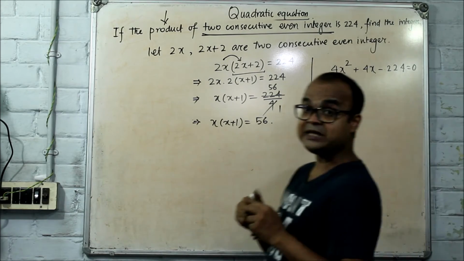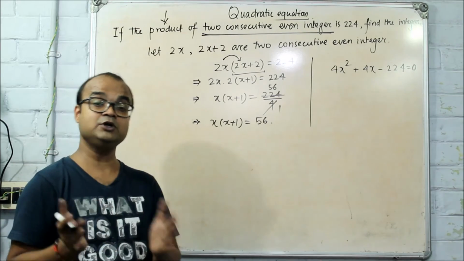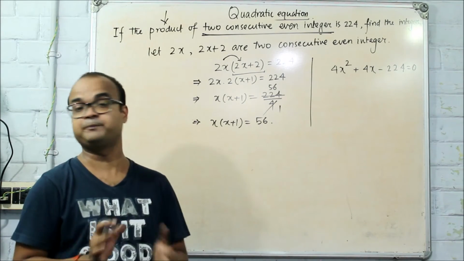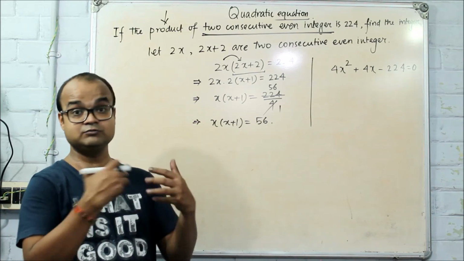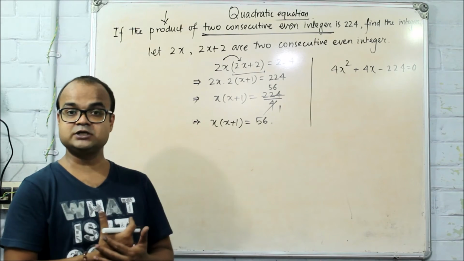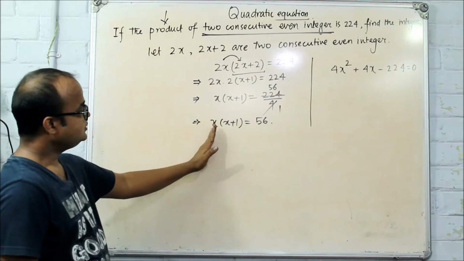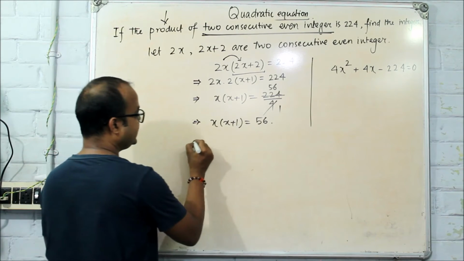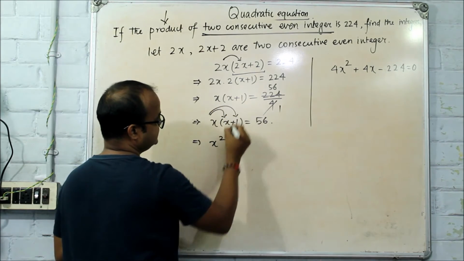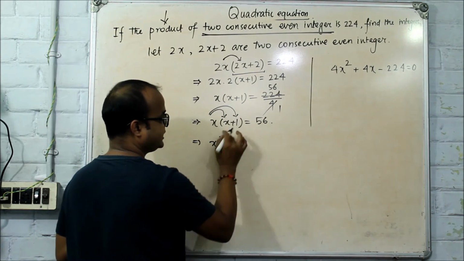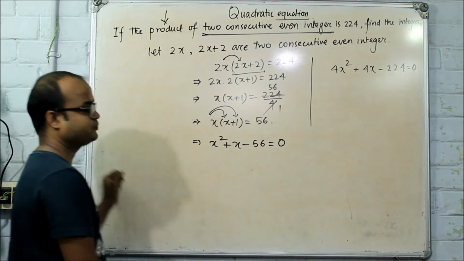The basic idea is to go with your strength. How you are comfortable with your calculation part is up to you. We can suggest some ideas and show you some ways to make your calculation easier, but always go with your strength. So now if you multiply, you get x square plus x, and I am taking this 56 to this side, so you are getting minus 56 is equal to 0.